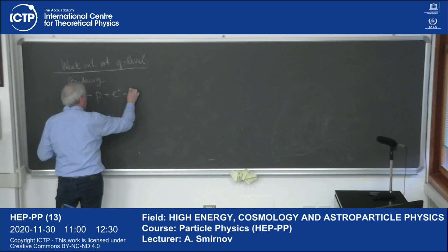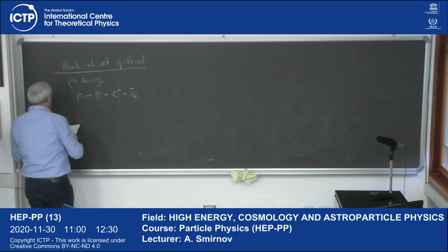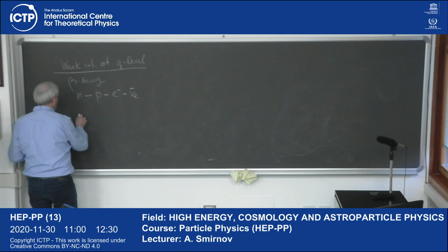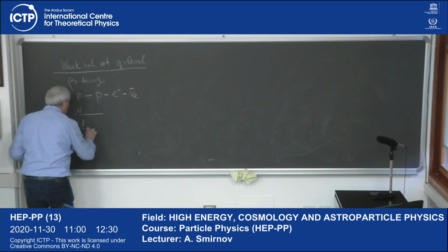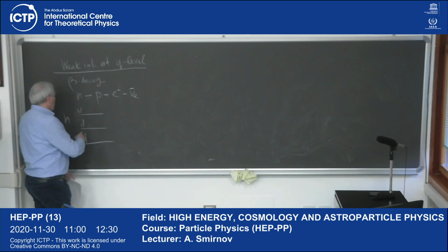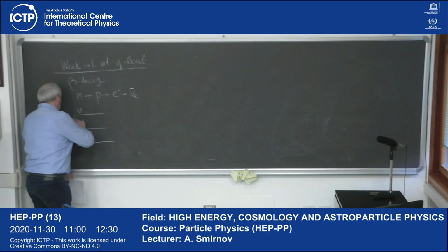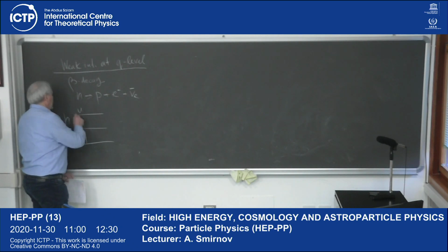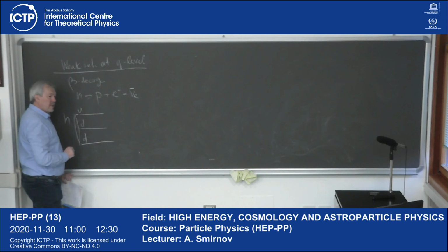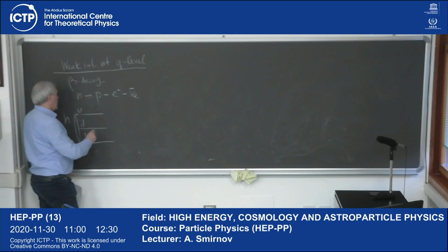plus an electron and antineutrino. The neutron has the following quark structure. It is composed of a U quark, a D quark, and another D quark. This is the quark picture of the neutron. The U quark has electric charge 2/3, the others minus 1/3, minus 1/3, and the whole system has electric charge 0.